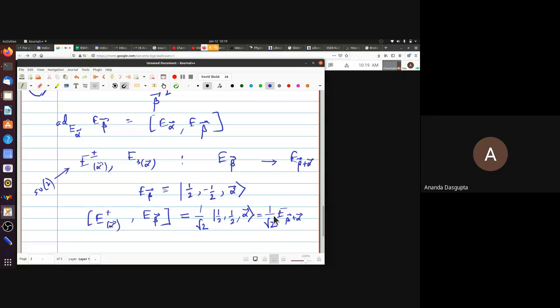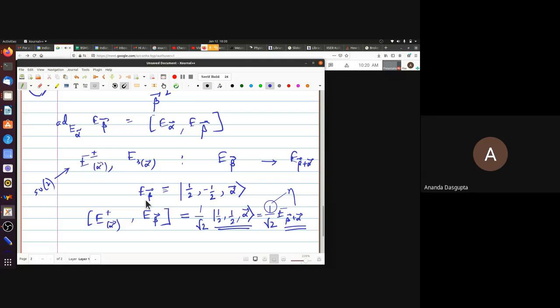Actually, there's a bit of a catch here. The point is you know this has got to be 1 by root 2 times half of alpha. And you know the half of alpha has to be essentially E beta plus alpha. But like in all quantum mechanics scenarios, you could have had a phase factor here. Instead of 1, there could have been an extra eta. Simply because you need to identify, when E alpha plus commutator with E beta gives an operator, you know it has to be proportional to E beta plus alpha.